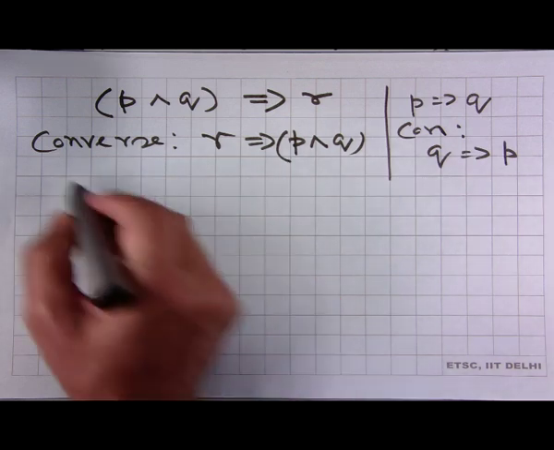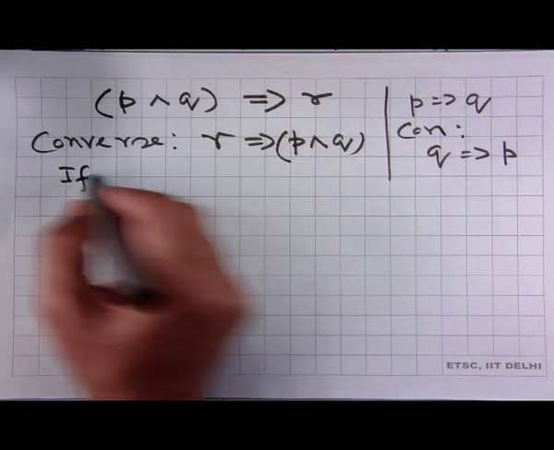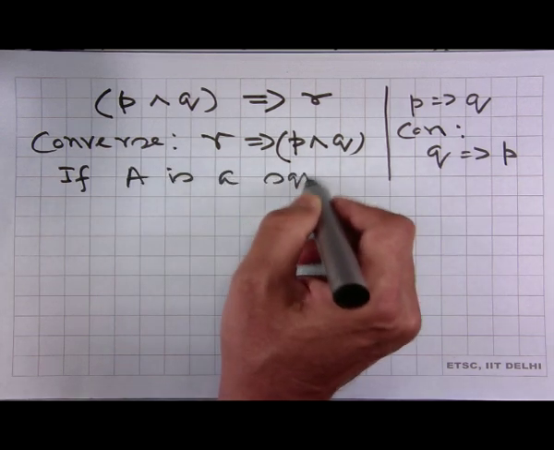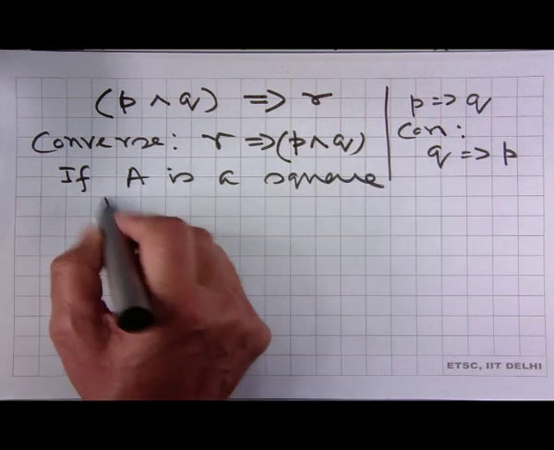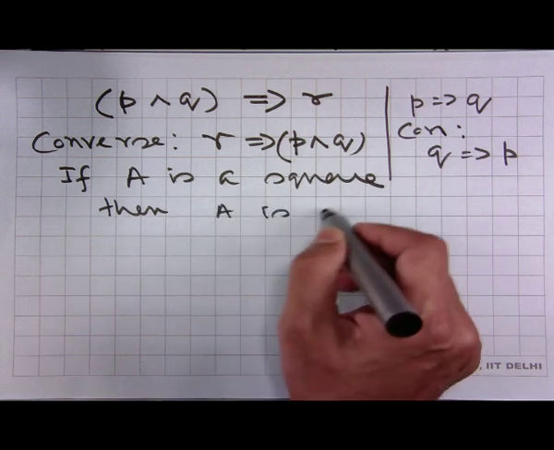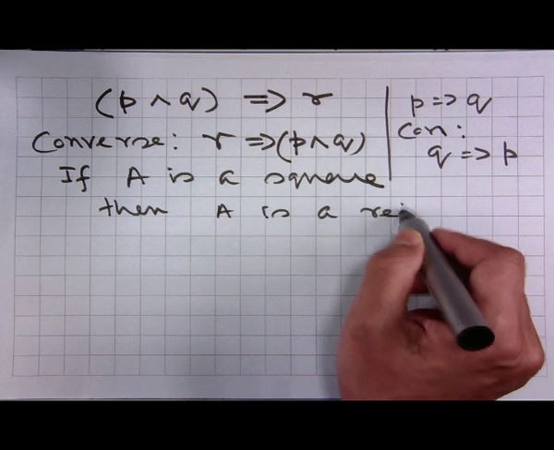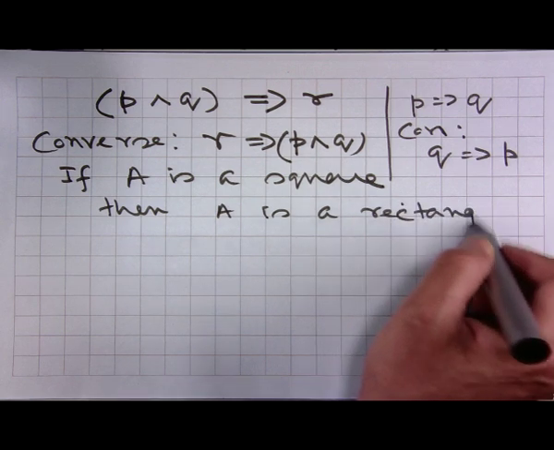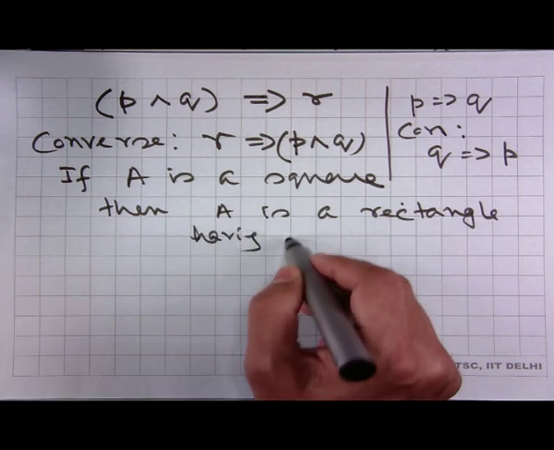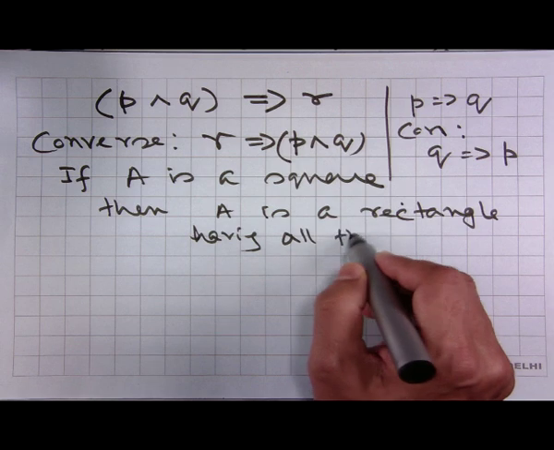That is, if A is a square, then A is a rectangle having all the sides equal.